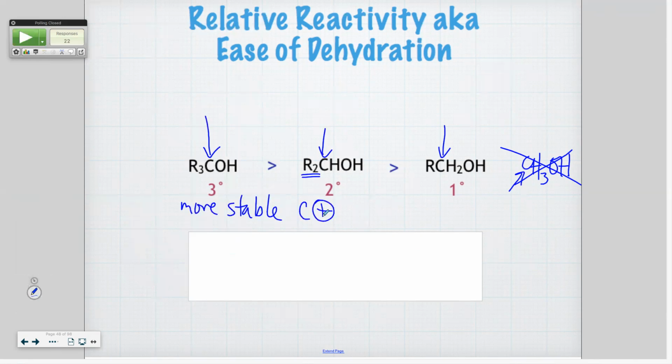That's my little shorthand for carbocation because it's too long. But the other thing is the double bonds that are formed from these are going to be more highly substituted. That also makes it easier to dehydrate. The double bonds formed are more, what?